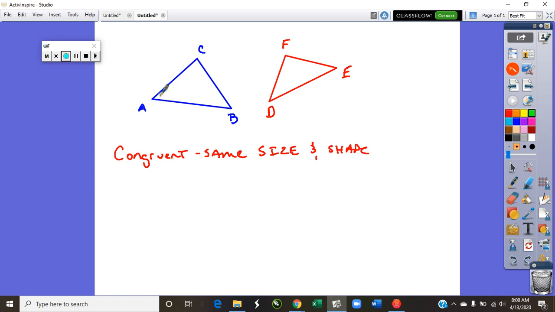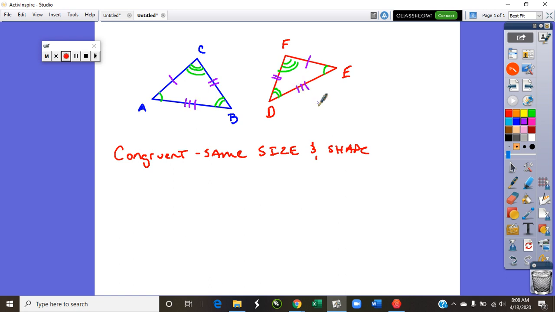We'll say this is angle 1 and this is angle 1. This is angle 2, this is angle 2. This is angle 3, this is angle 3. And this is side 1, side 2, side 3.